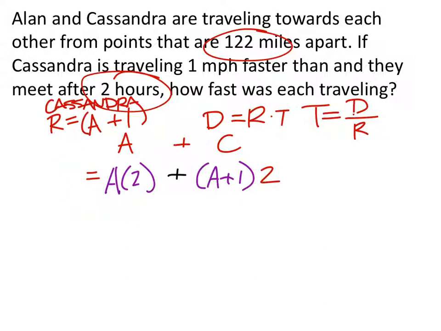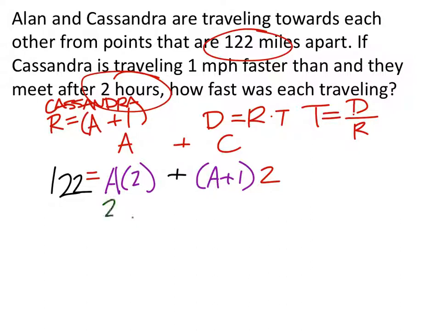Now the distance we already know is 122. So this sets up for us something we can now solve. Again, if I had tried to write this formula in terms of time, I just wouldn't have been able to, because we're not given either of their distances.